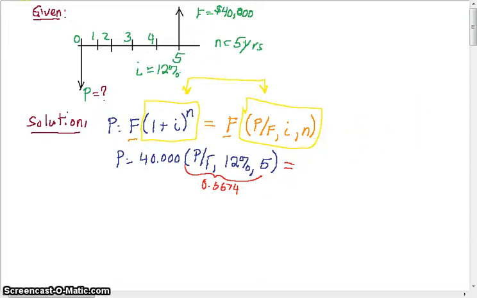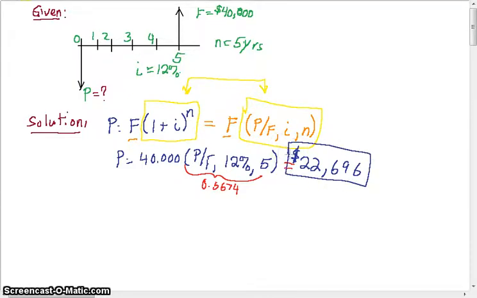P will equal $22,696. Not bad. At 12% interest, it's a nice interest rate, but that's what we would have to put in.